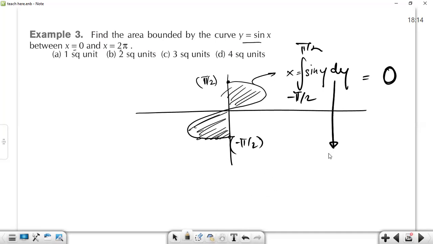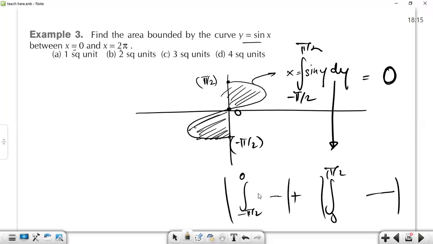So what we'll do is break this function from minus pi by 2 to 0, and then further add the area from 0 to pi by 2, whatever the function is. So we have to just add them after taking the modulus. We are just taking the area and adding the two areas.